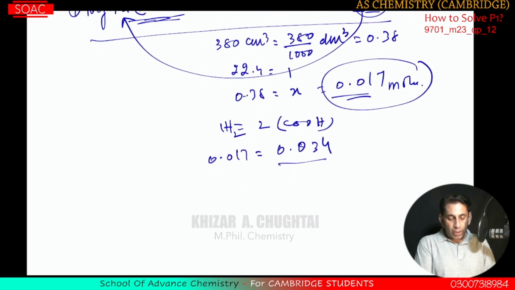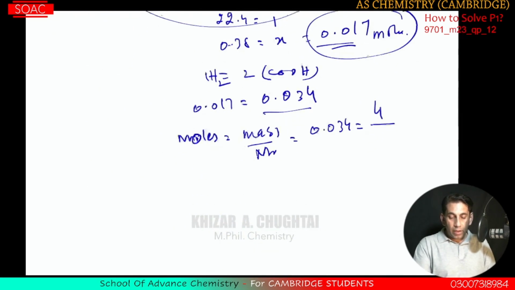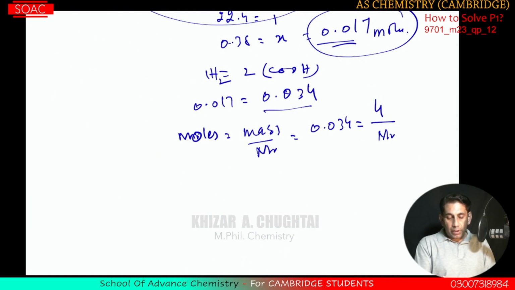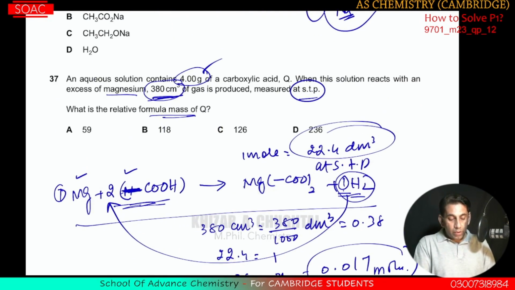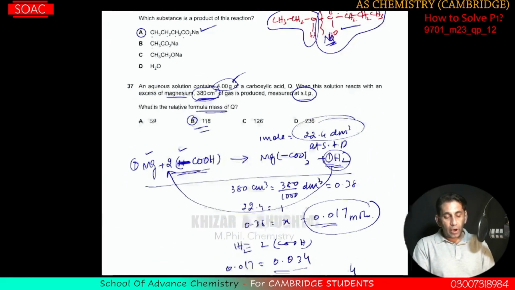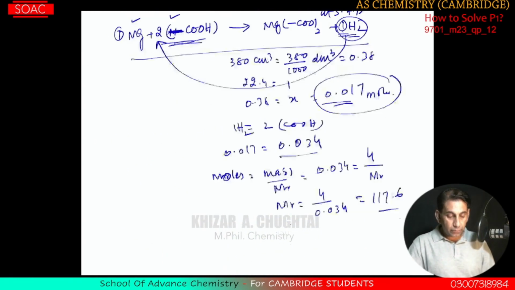Now I'm going to apply the formula: mole is equal to mass over Mr. So mole is 0.034, mass is 4 grams, which is given in the question, divided by Mr. So Mr is equal to 4 divided by 0.034, and the answer is 117.64. So B is the correct option.